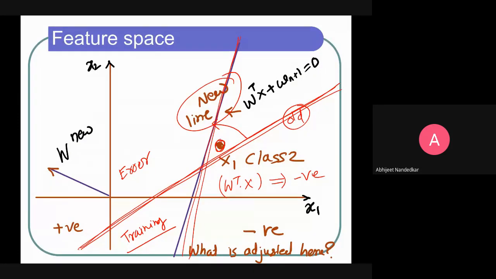Anybody? How can I change the position of the line? Somebody. Okay. So how to change slope? Shubham?